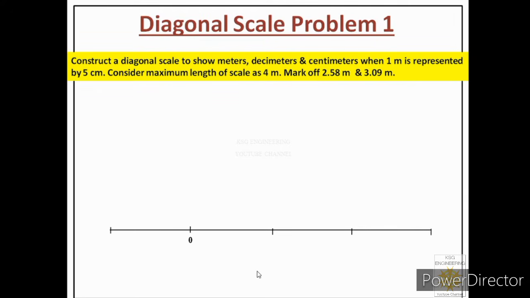Now after that we will label these markings with the help of Gothic numerals. So we know that if we have to construct a plane scale, we have to start from the second point. Label that point as 0, 1, 2, 3. The fourth meter will be on the left side of the 0.